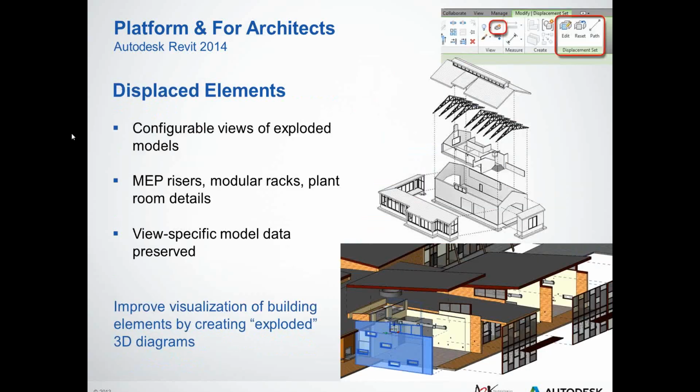A brand new feature for the platform is Displaced Elements. This basically allows you to take a model and for a particular view, not the entire model in all views, but just for a particular view, so I guess it would be a view-specific modification, we can actually displace the elements and pull them apart and then put projection lines onto them so that you can see how this particular group of elements inside the building actually get formed together. This is available across the entire platform, so it's not just for architects.